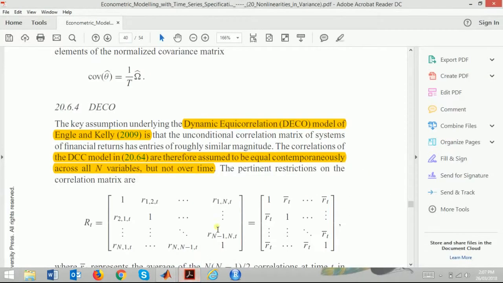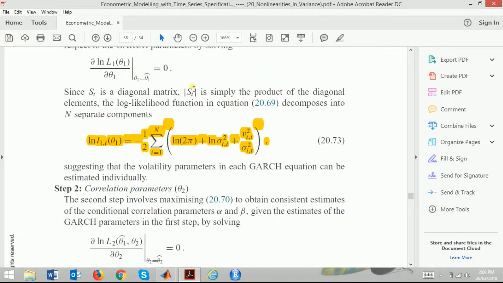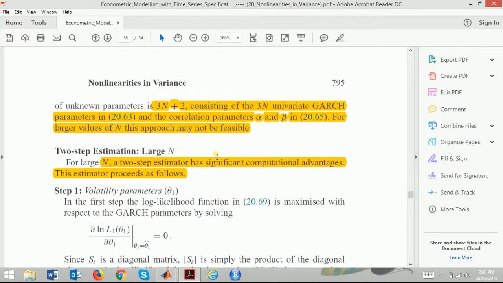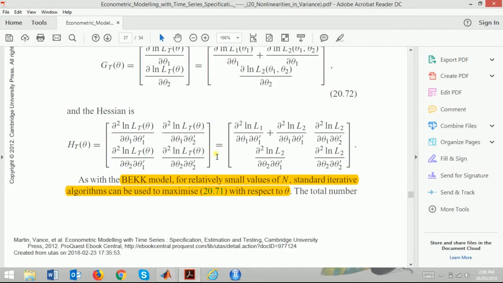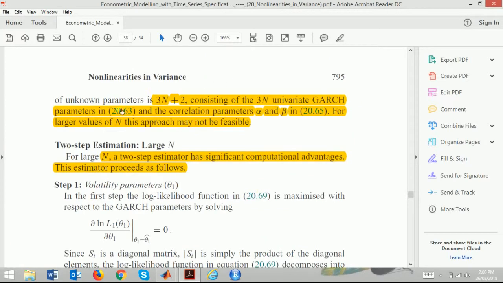The theta 2 is the correlation parameter, and theta 1 and theta 2 need to be estimated. The GARCH parameter is a volatility parameter. When we solve the log likelihood function, theta 2 is the parameter for the correlation component, and the number of unknown parameters is 3n plus 2. That is something we need to remember.